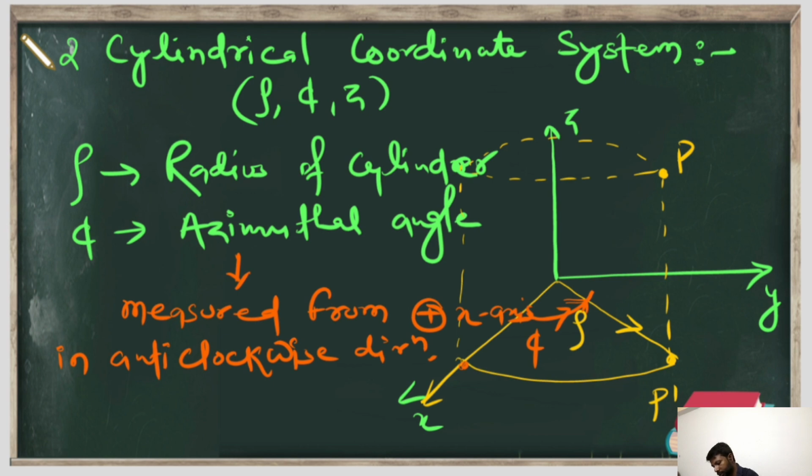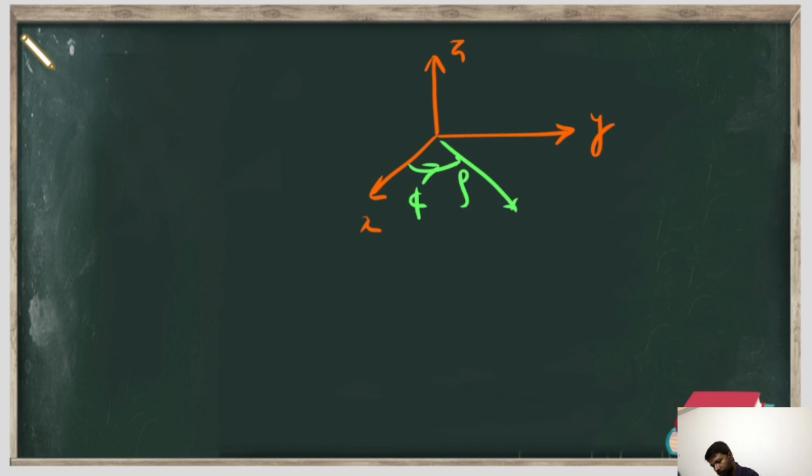To simplify this, consider the y axis and x axis, and this rho vector is making angle phi with the x axis.